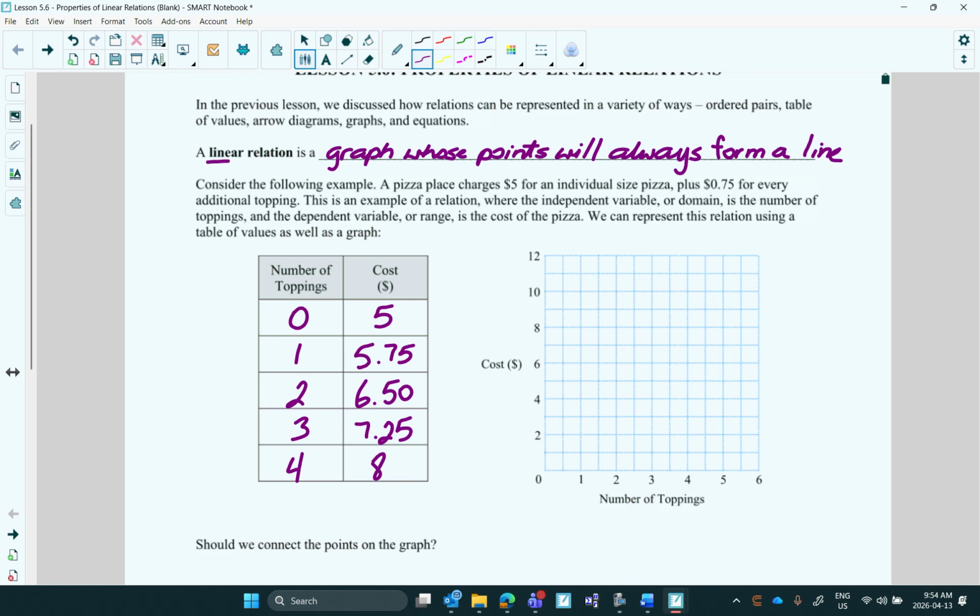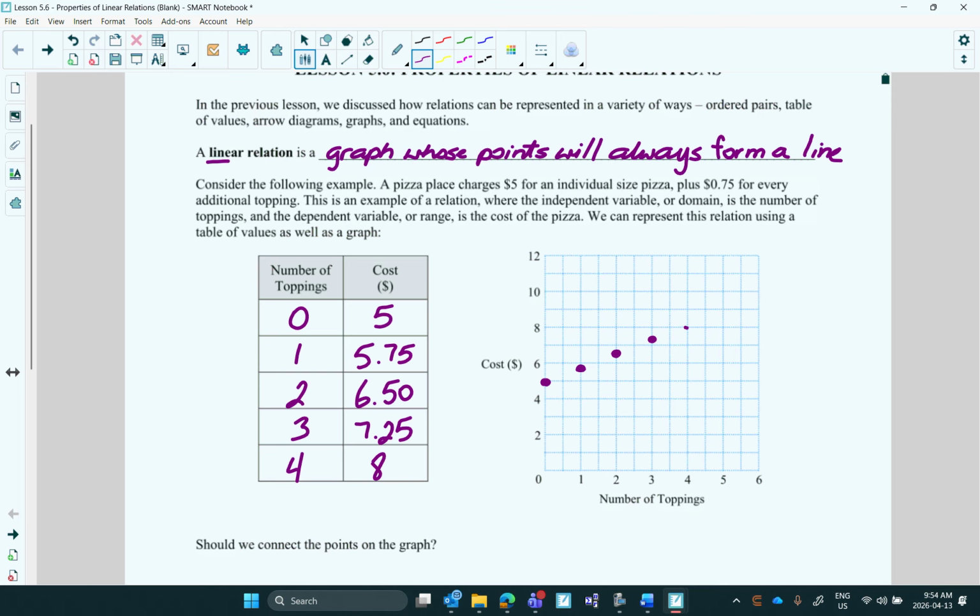So I can start plotting points here. So 0, 5, go there exactly. 1 topping is $5.75, so somewhere around there. 2 toppings is $6.50. 3 toppings is $7.25.